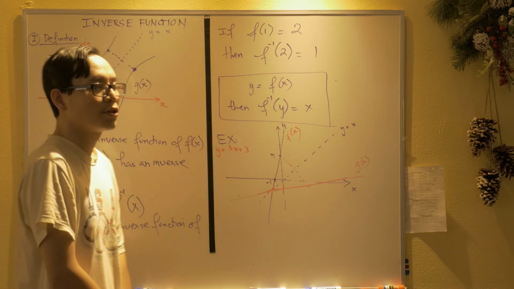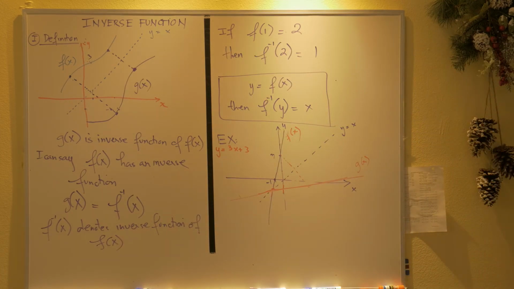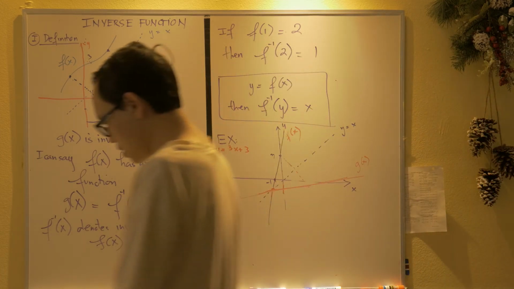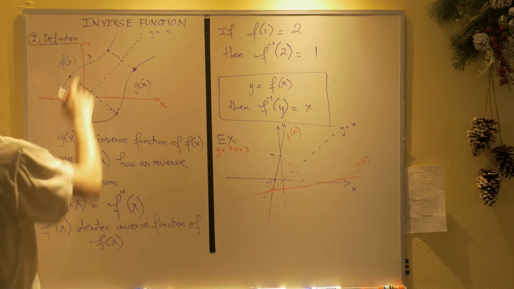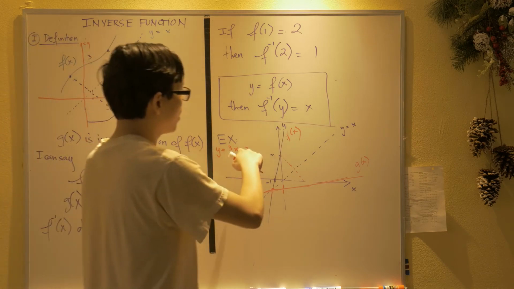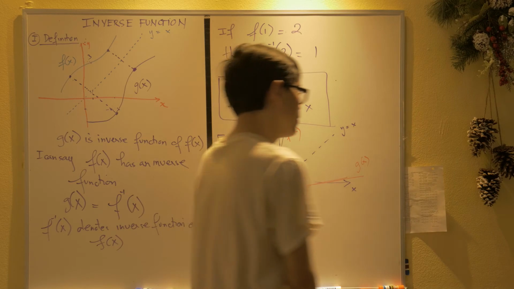If it cuts at 2 points, more than 1 point, then it doesn't have an inverse. So you see that if you apply the horizontal line test here, it cuts the graph at 1 point, so they have an inverse. If you apply the horizontal line test here, it cuts at 1 point, it has an inverse.